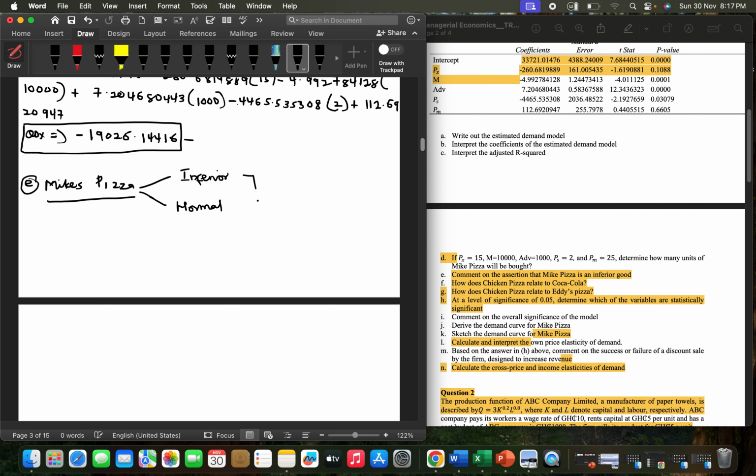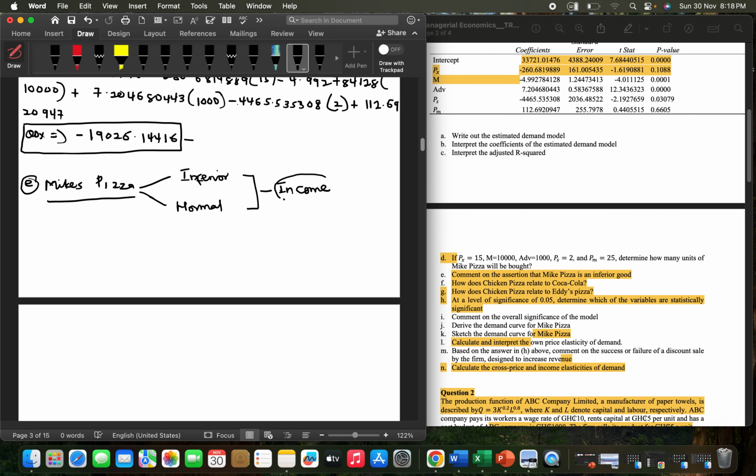Now, with inferior good and normal good, they both fall under what we call income. Although Mike's Pizza is being mentioned, we don't use Mike's Pizza to determine whether the good is a normal good or an inferior good. The question stated that comment on the assertion that Mike's Pizza is an inferior good. So they are trying to say that Mike's Pizza is an inferior good, but take note, in determining inferior good or normal good, we use income.